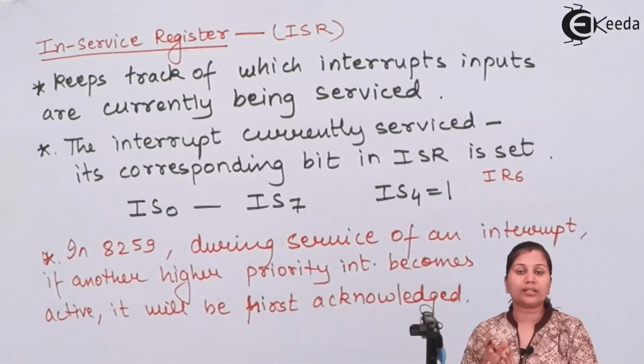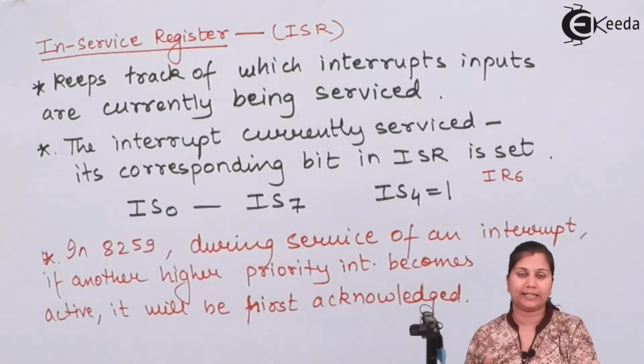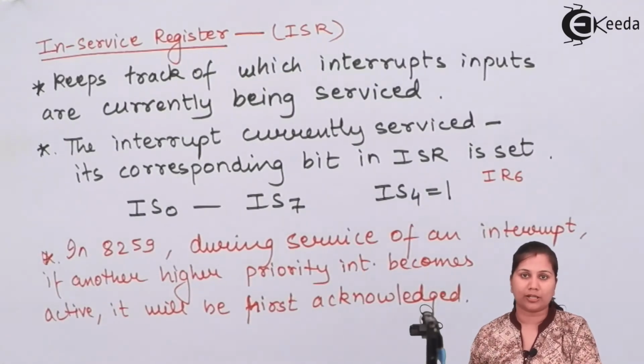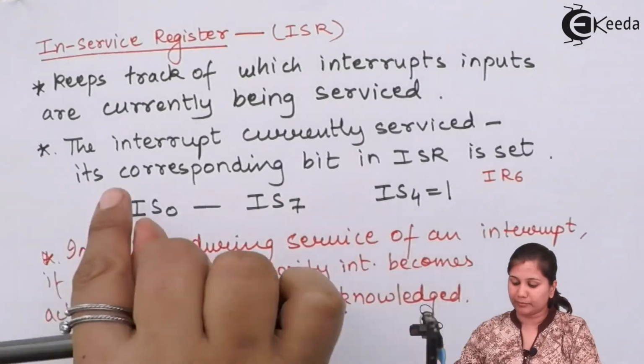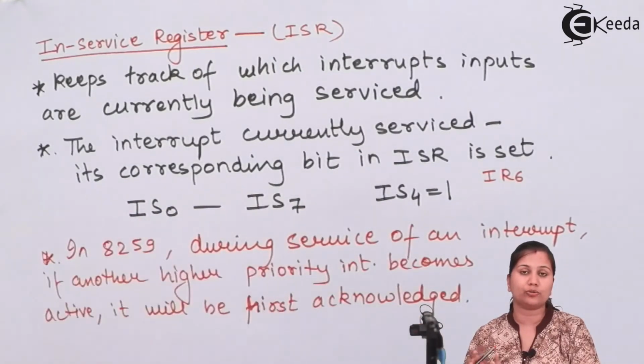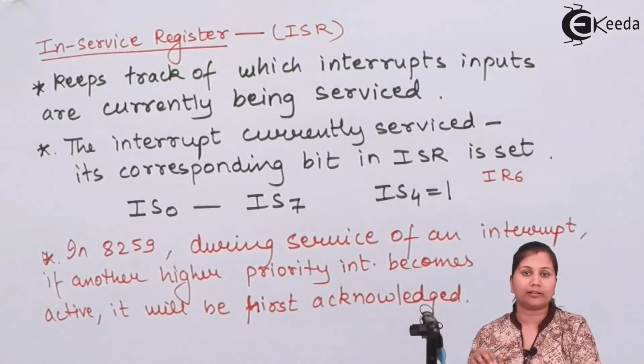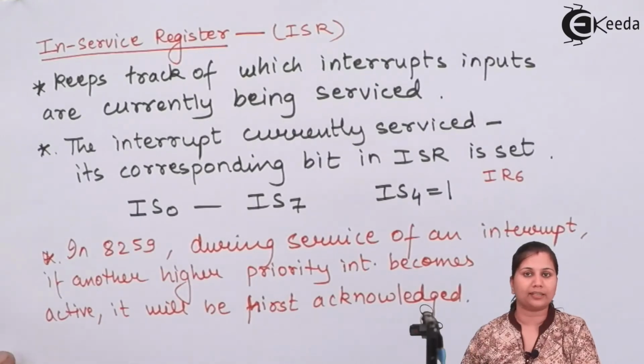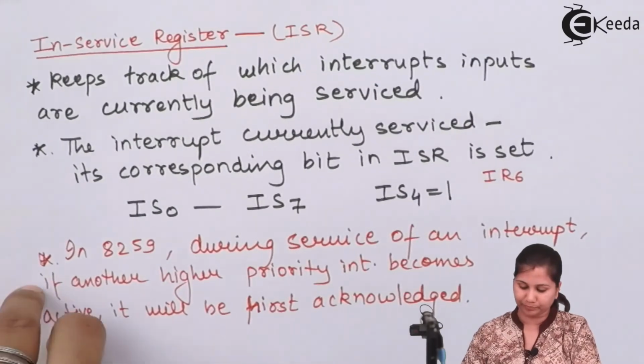So during service of an interrupt also the priorities can be decided or changed. These bits IS0 to IS7 are used to see which of the interrupts is currently being serviced by the microprocessor and the 8259.